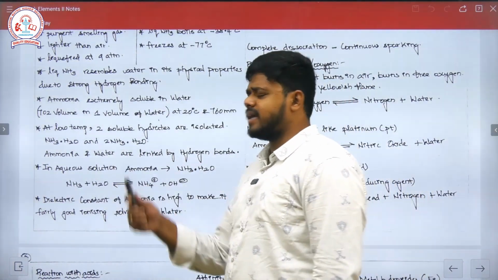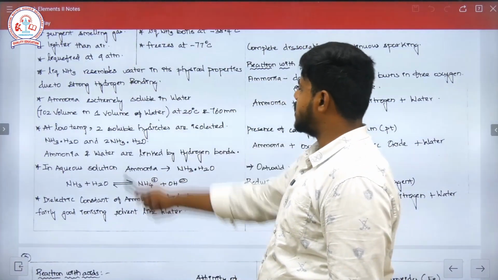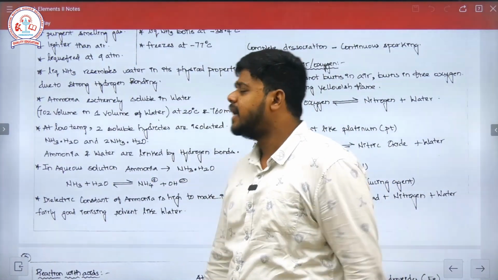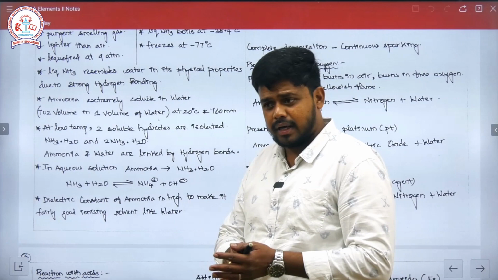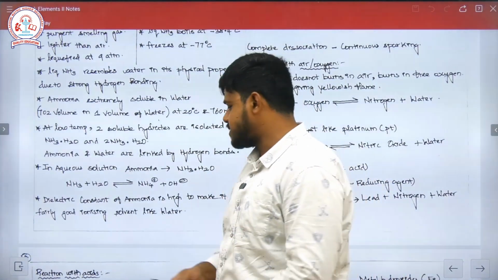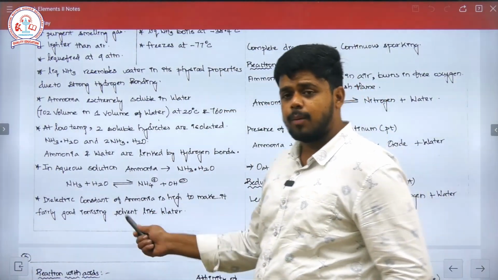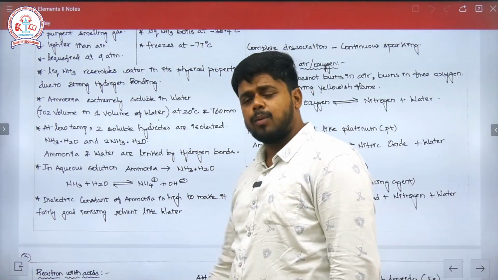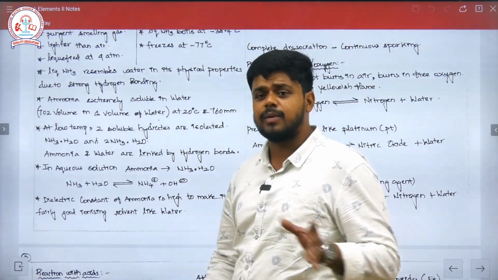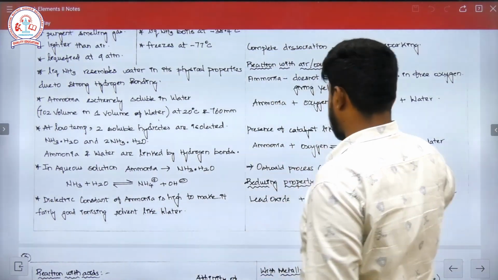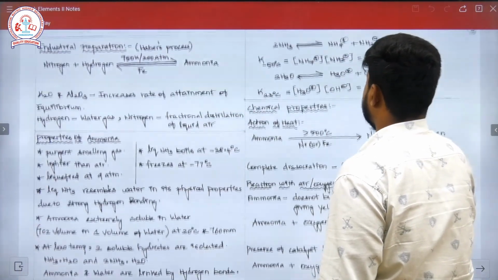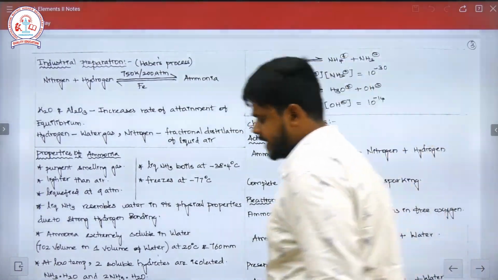Since the properties of ammonia are almost similar to water, it also exhibits a dielectric constant. The dielectric constant of ammonia is almost as good as that of water. So it's a fairly good ionizing solvent like water. What its ionizing nature is and how far ionization takes place is stated here.